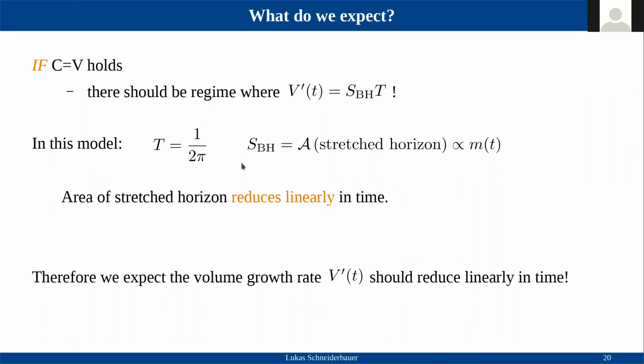Sorry, is it an artifact of dimensionality, or what's the reason why the temperature is 1/2π? You can just calculate the expectation value of the energy momentum tensor very far away in appropriate coordinates, and then it would look like a constant temperature.